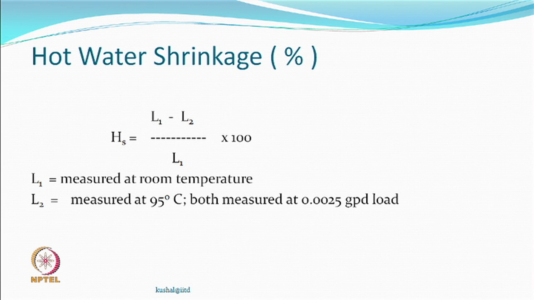So, hot water shrinkage basically is for any synthetic material which gets affected by temperatures, like thermoplastic material. This could be interesting. Otherwise, the shrinkage takes place because of the disorientation that takes place at a high temperature.